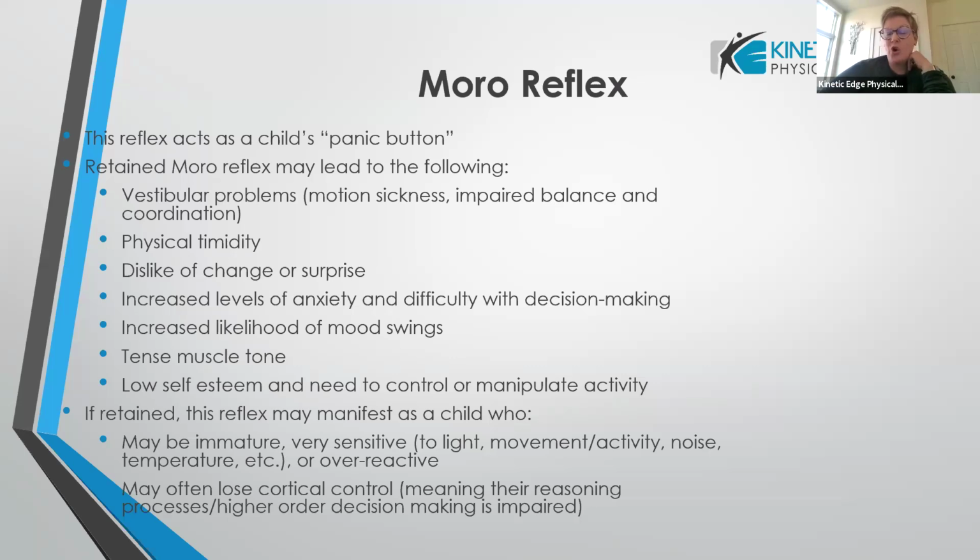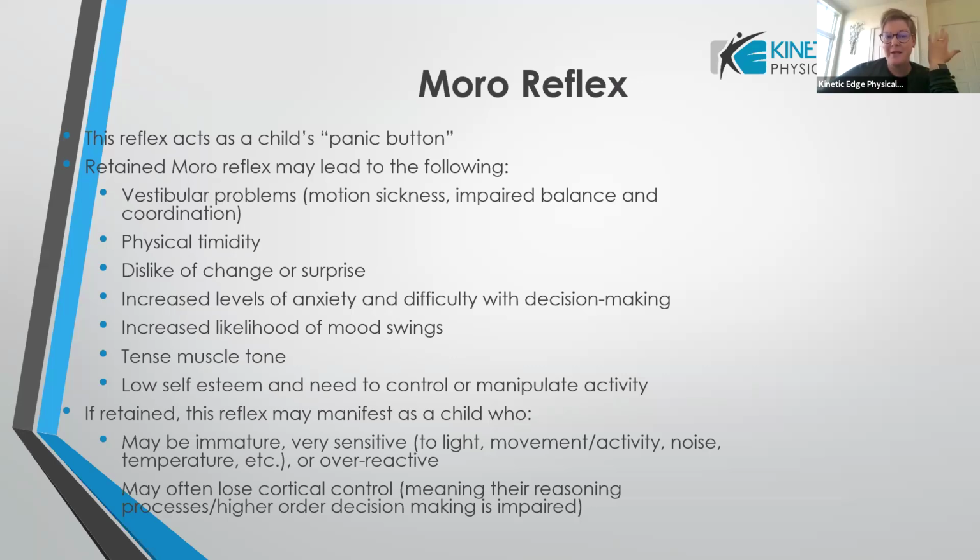We may see an over responsiveness to different things going on around them in their environment, or even with vestibular problems. So they may be more prone to motion sickness. Sometimes we'll see difficulties with sleep with the Moro reflex. And so again, they are just overly responsive.